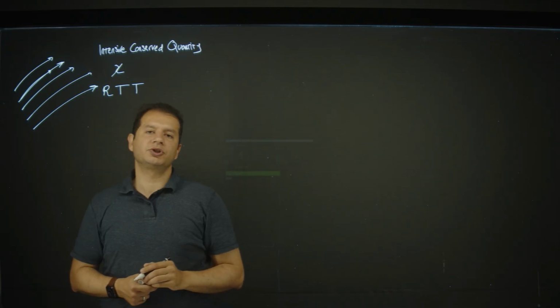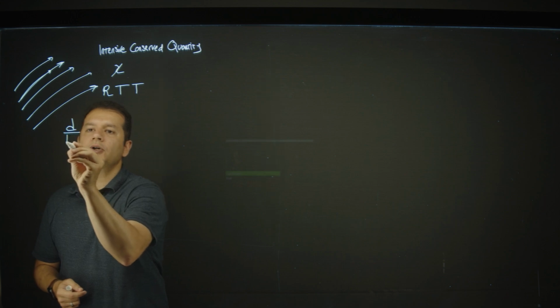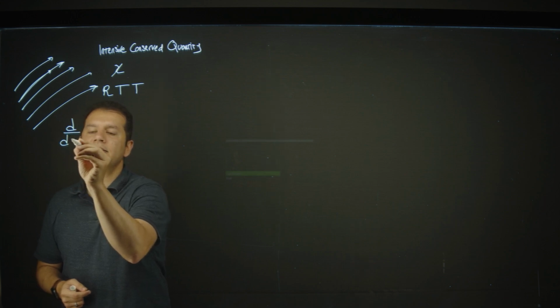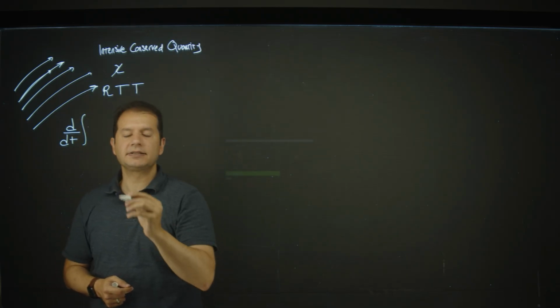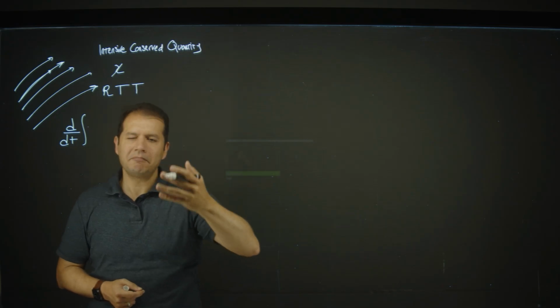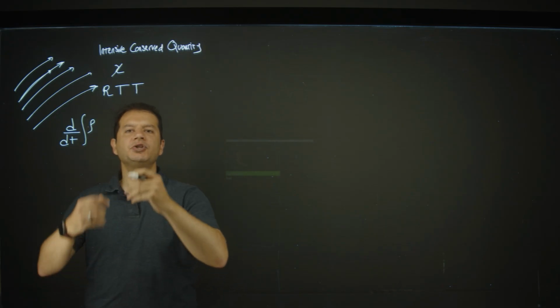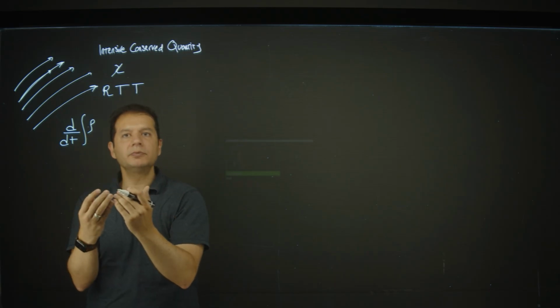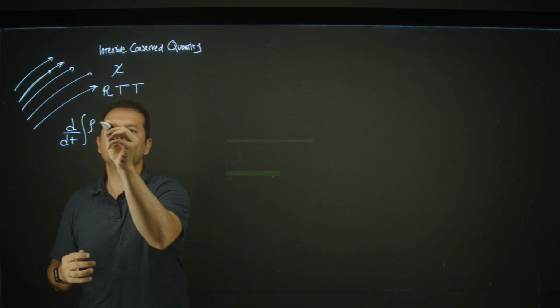What does the Reynolds transport theorem say? It says the total change of your conserved quantity in an intensive way, so d/dt of the entire change of X. Since X is per mass, I multiply it with density, which is mass per volume, and the per mass quantity becomes a per volume quantity.